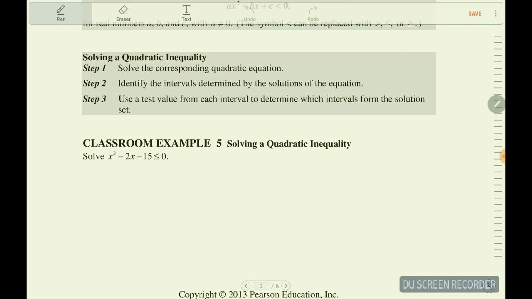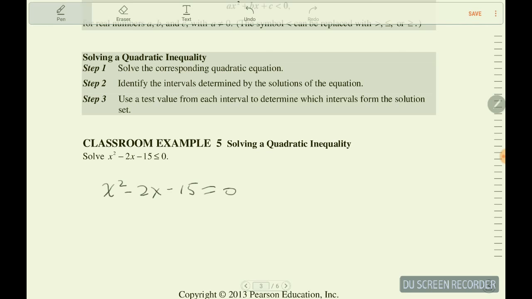So I'm going to solve this just like it was an equal sign. I'm just going to pretend that I have an equal symbol here to first find the values of X that would make the expression true, right?